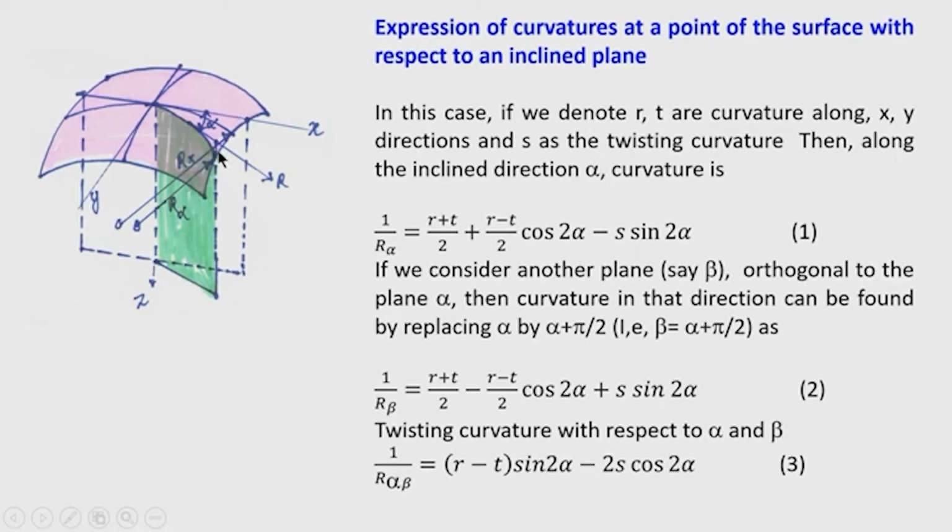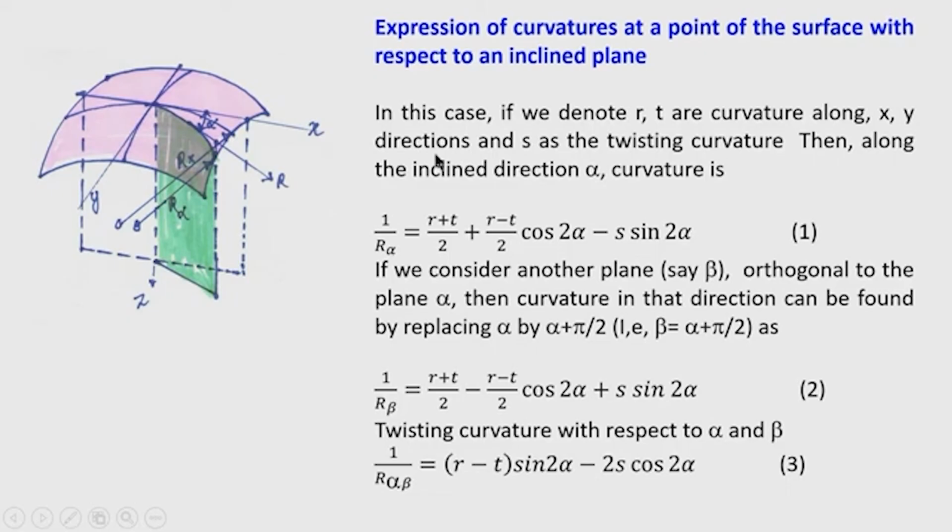Now, consider an inclined plane, shown by this green color, inclined at an angle alpha with the original x z plane. Here the axis is oriented along another direction, so this axis may be the x dash axis.